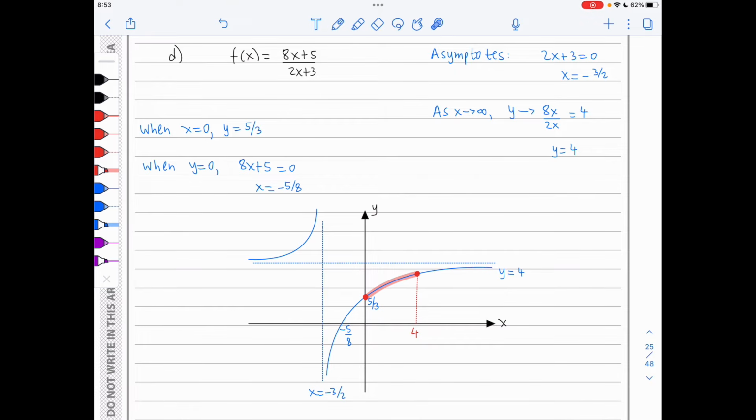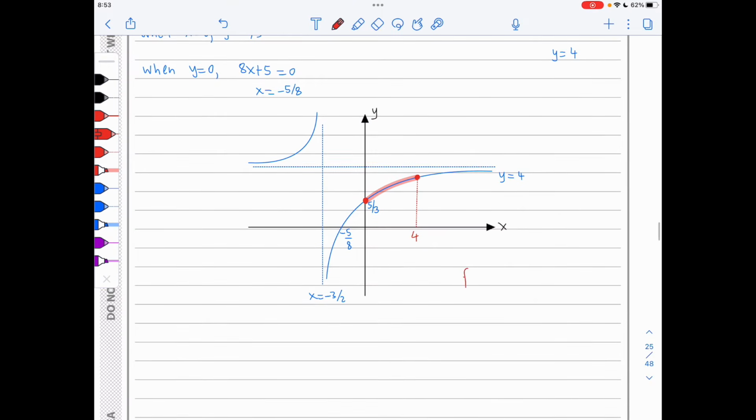And we know that when x is 4, f of 4 is equal to (8 times 4 plus 5) over (2 times 4 plus 3), which gives an answer of 37 over 11. And therefore, when x is 4, the y value here will be 37 over 11.